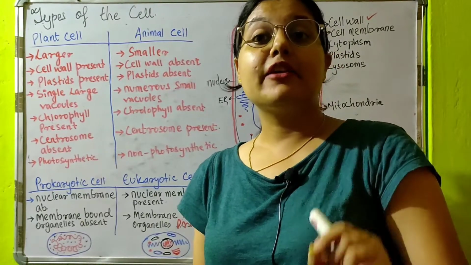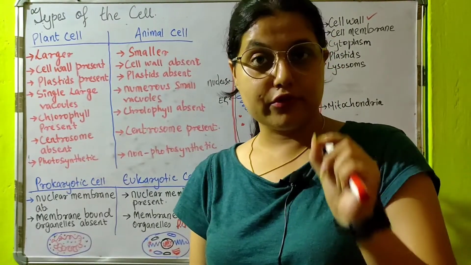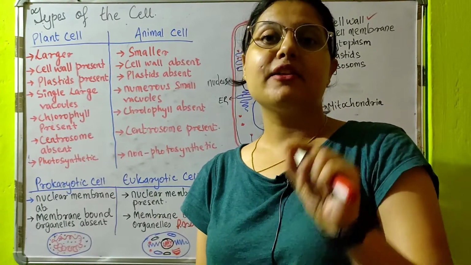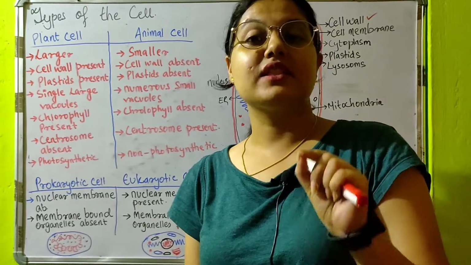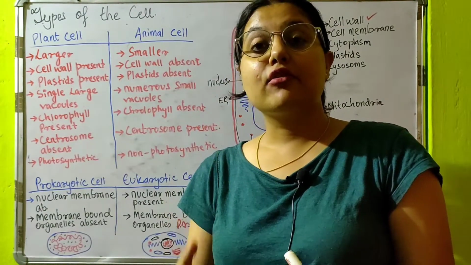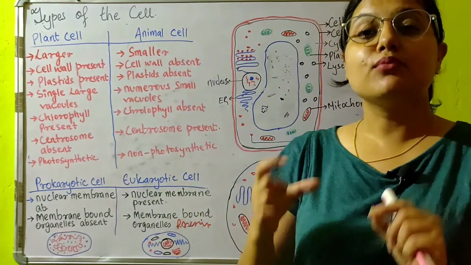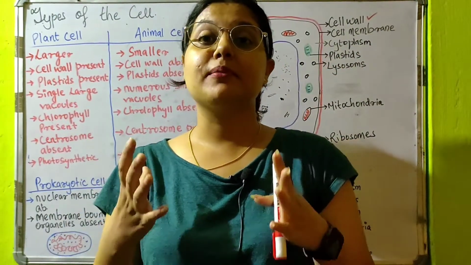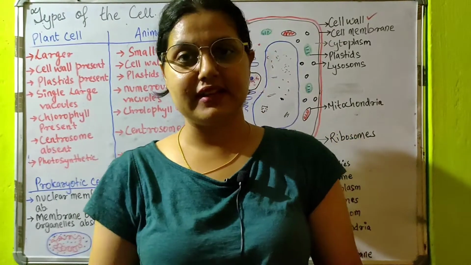Green color plastids are known as chloroplast. You note that down. All right, and the green color plastids or the chloroplast contain a pigment known as chlorophyll. Chlorophyll is concentrated mostly in the leaves of the plant. That is why the plant leaf appears green in color.